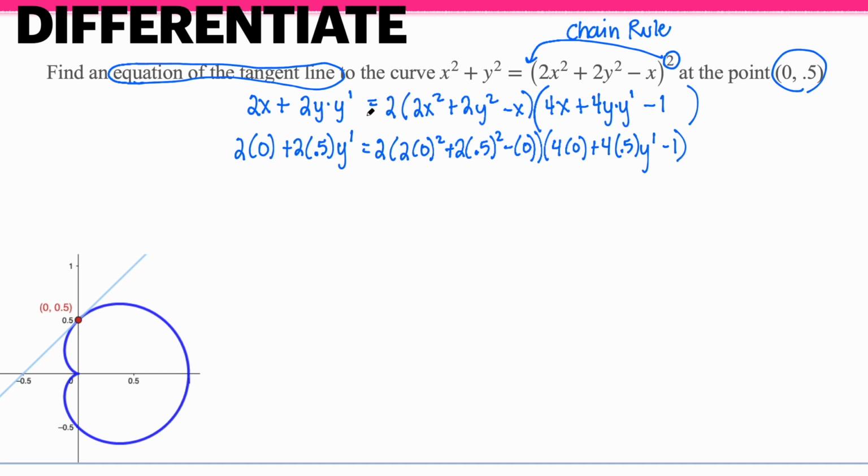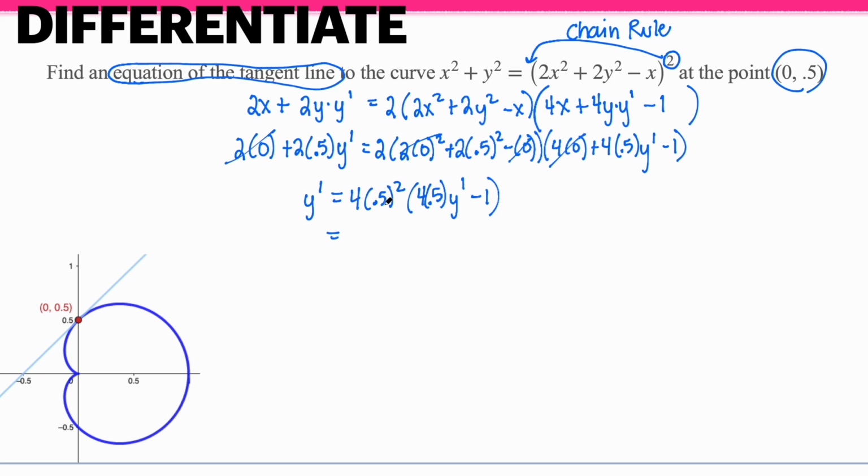And then this is where it gets a little bit easier. Obviously, that goes away. 2 times a half is just 1. And then, same thing here. 2 times 0 squared goes away. This 0 goes away, leaving me with 2 times 2, which is 4, times 0.5 squared. And then that is multiplied by, that goes away, times 4 times 0.5 y prime minus 1.